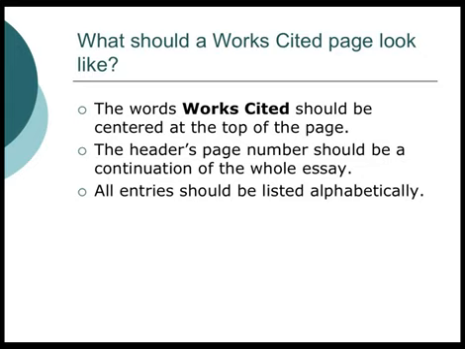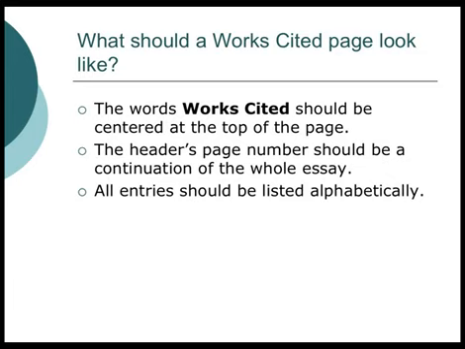So let's say, for example, you were citing Gwendolyn Brooks a whole bunch in your essay, and you were referring to her as Brooks in the body of your essay. Then when your reader got to the end, if they wanted to look her up, they would look for Brooks on the works cited page.